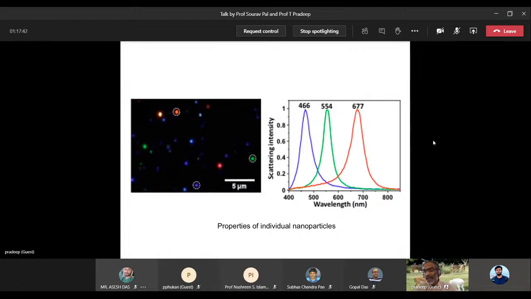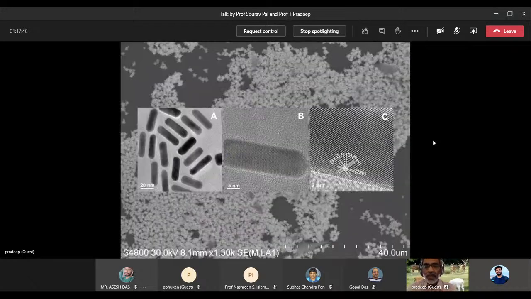Before getting into that, I should tell you that the individual particles that you see on the screen, whether they are some nanostars or nanorods, people have explored them with very many tools. As Saurav Pal said, an important tool has been electron microscopy.